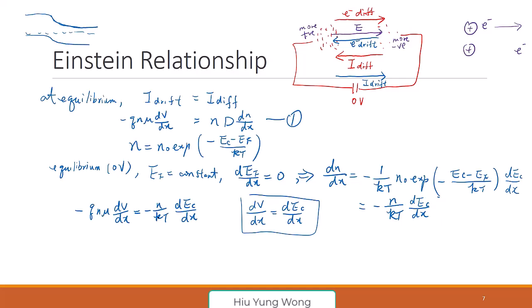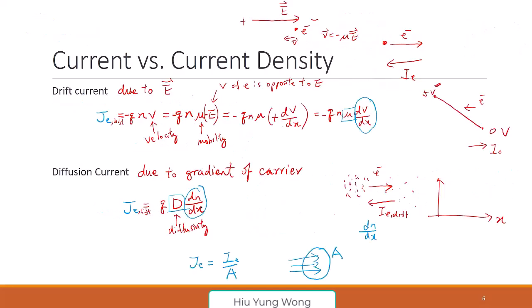And I think I missed one important thing. I need to also put back the D here. Sorry for that, because the current is actually q D dn/dx. I keep copying the wrong equation.